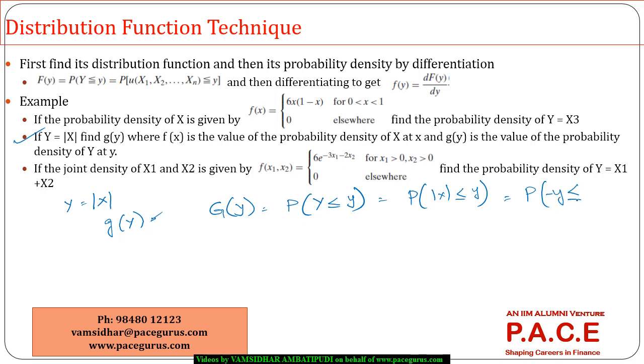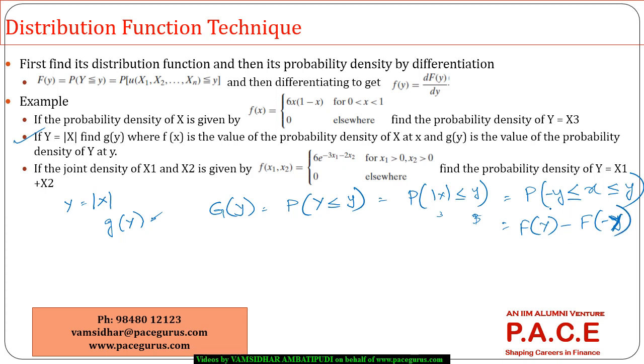Because when we are saying mod x less than or equal to 3, it means x has to be lying between minus 3 and 3. So this is the same thing. Mod x less than or equal to y means x should be lying between plus or minus y, which is as good as saying capital F of y minus capital F of minus y.